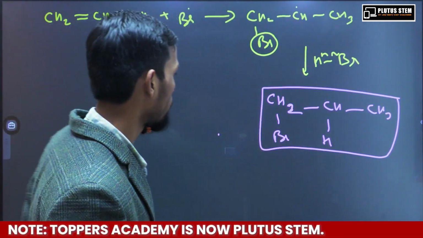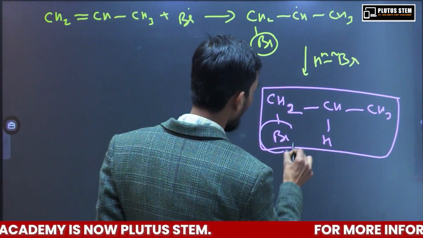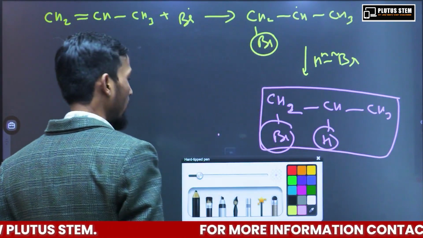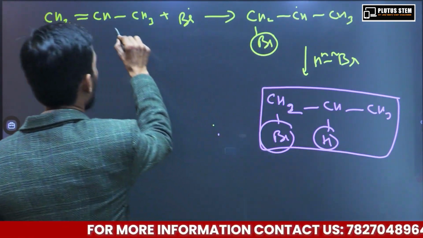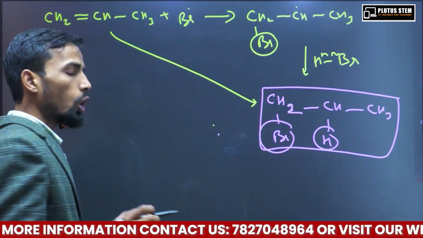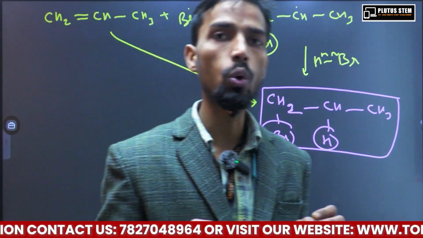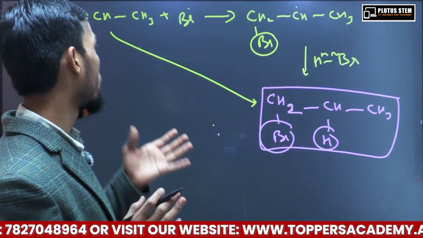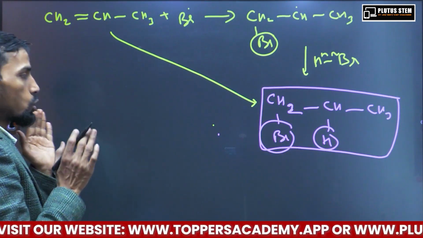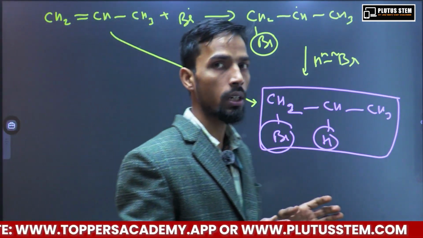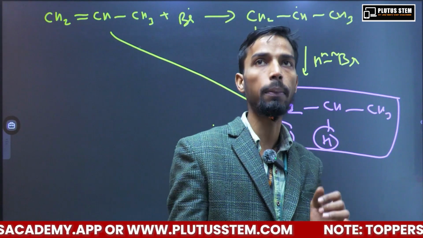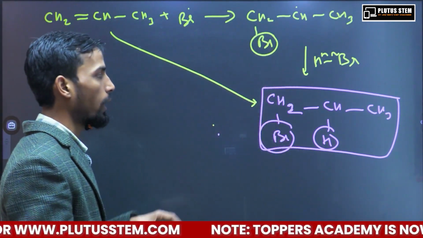You can see over here, visualize this Br and this H. And if you visualize regarding the Markovnikov rule, I have told you that the negative part of the addendum is going to add on the double bonded carbon which has less number of hydrogen.